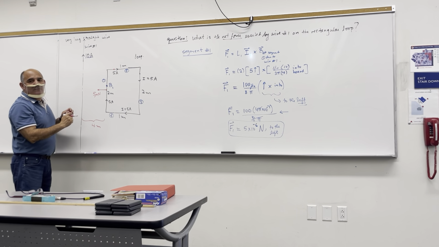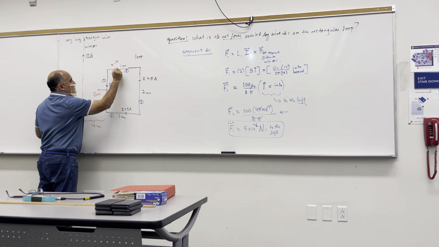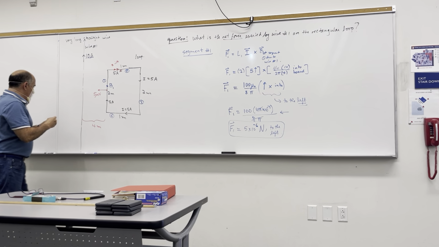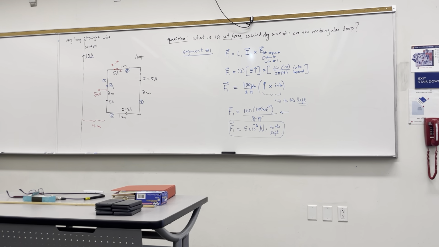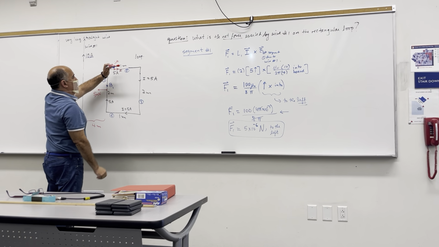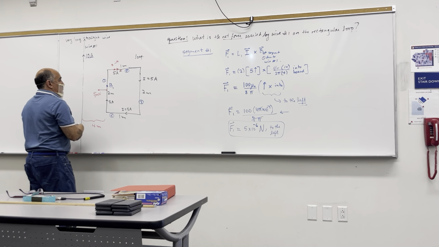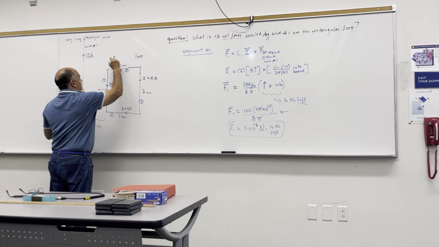Into, right? So I'll draw an X, into. So B is into. But the current is to the right. So what is the direction of I cross B? What is the direction of to the right cross with into? Up, right? So the force on this segment is going to be up.